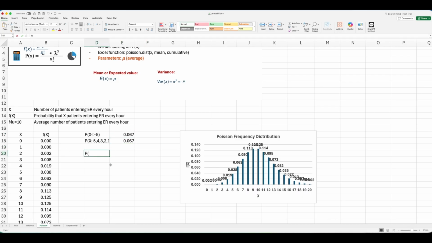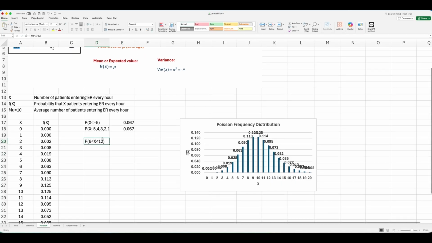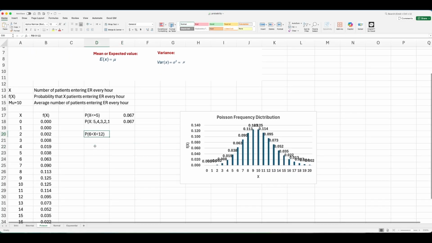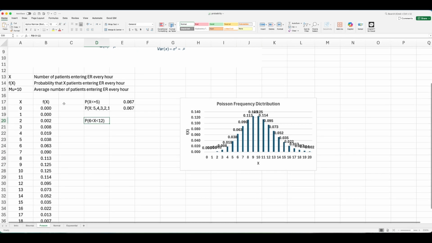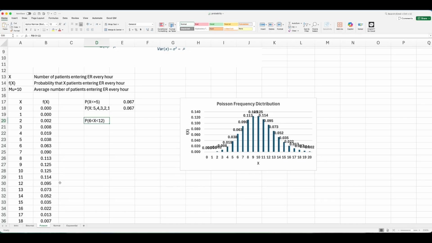Or I can also calculate the between probability. What is the probability that X, for example, is between 6 and 12? In order to calculate this probability with the Poisson distribution, we go with this calculation. The probability of X between 6 but not including 6, so it starts from 7, and less than 12 but not including 12, is this probability.